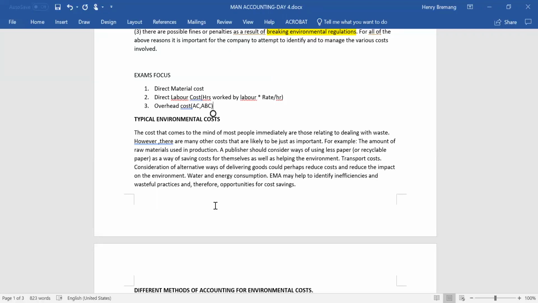However, there are many other costs that are likely to be just as important. For example, the amount of raw materials used in production. A publisher should consider ways of using less paper or recyclable paper as a way of saving costs for themselves as well as helping the environment.